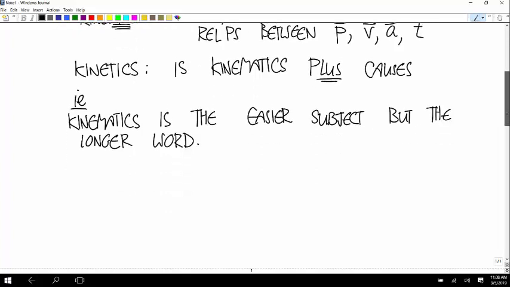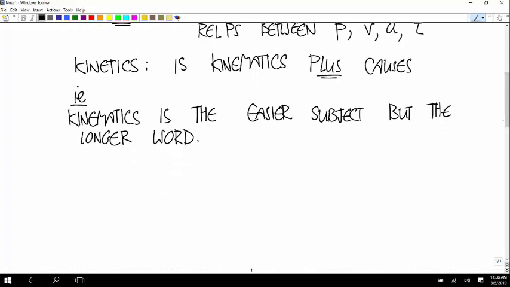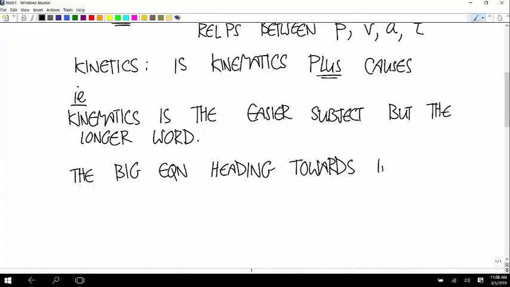Okay, so the heart of particle kinetics, the big equation that we're heading towards in particle kinetics, is Newton's second law.